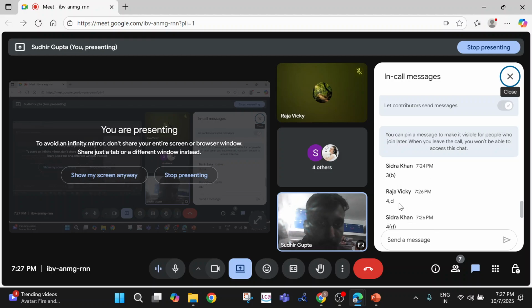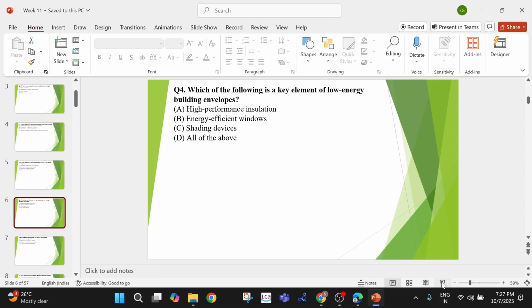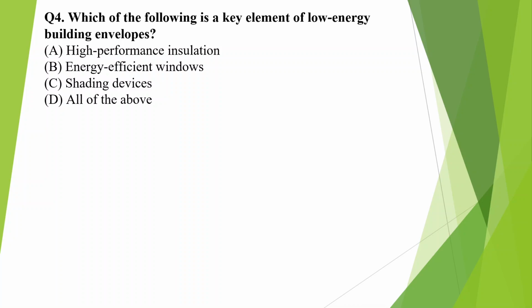Okay, many of you have marked, like Raja was the first to mark option D, and then Sidra was the second, but Sai is going for option C, and some of you are going for option C, and some of you are going for option D. So let me tell you that only one option is correct for this question. So some of you are correct and some of you are incorrect. But the correct answer is option D.